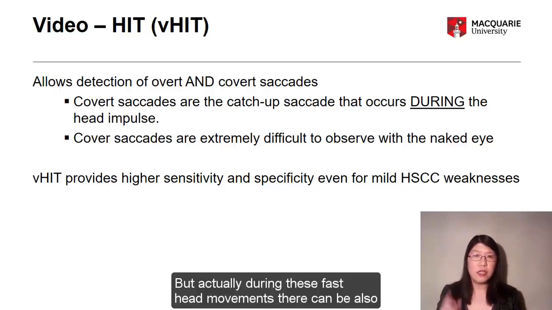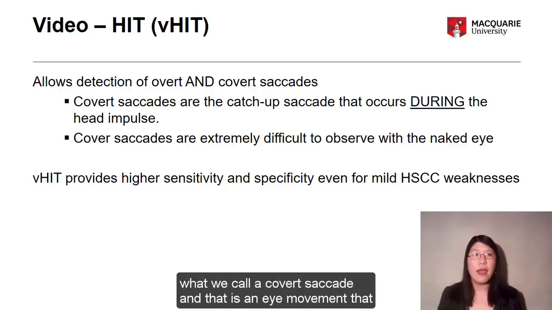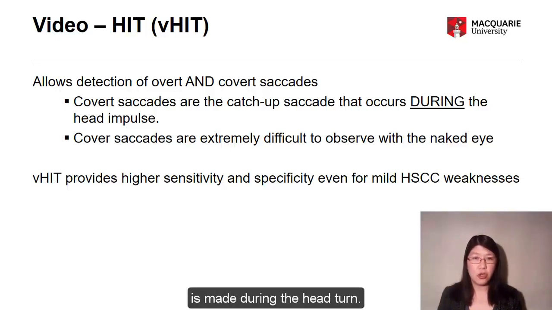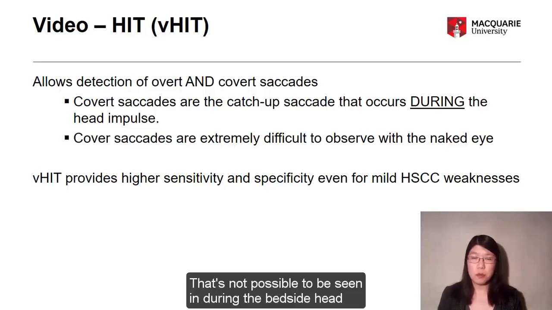But during these fast head movements, there can also be what we call a covert saccade, an eye movement that is made during the head turn. That's not possible to be seen during the bedside head impulse test. However, the video HIT, or VHIT, is able to capture this.